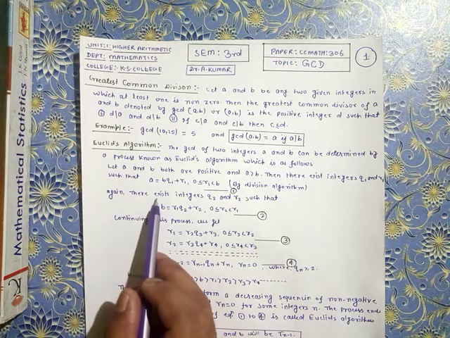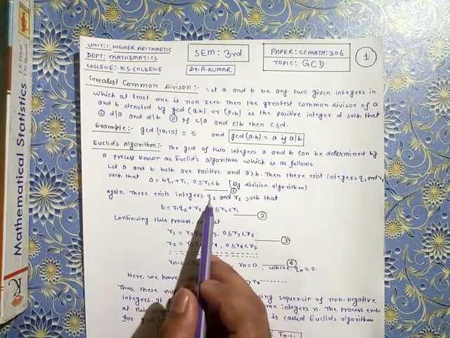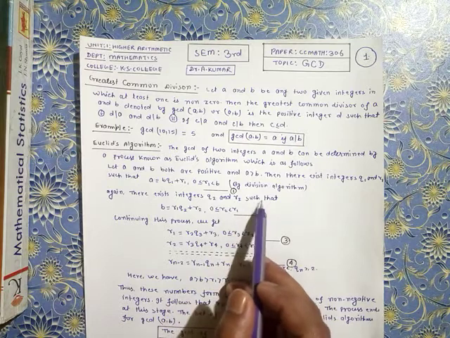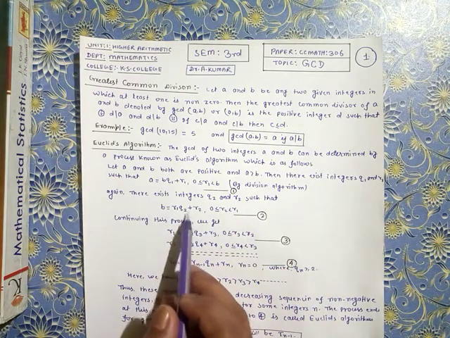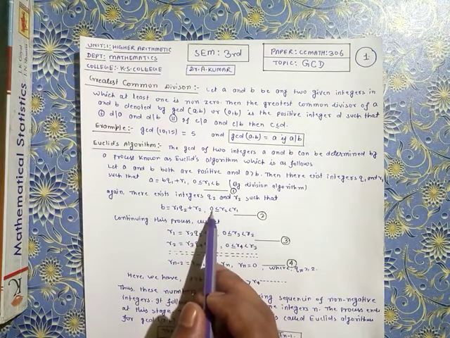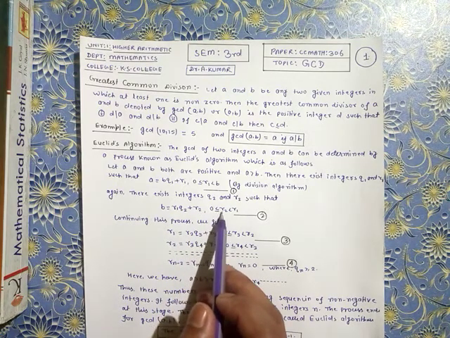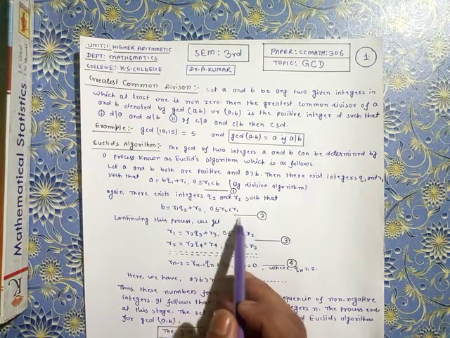Again, there exist integers q2 and r2 such that b equals r1 q2 plus r2, 0 less than or equal to r2 less than r1. Equation 2.